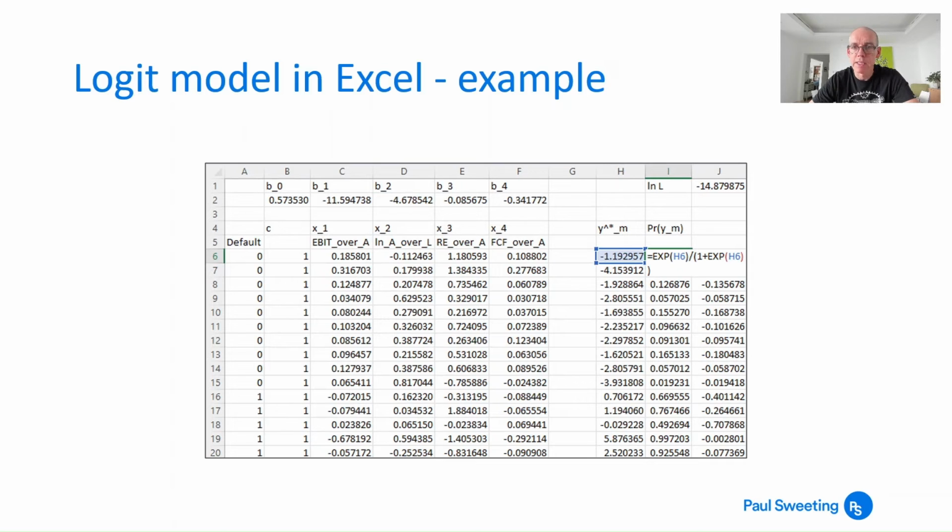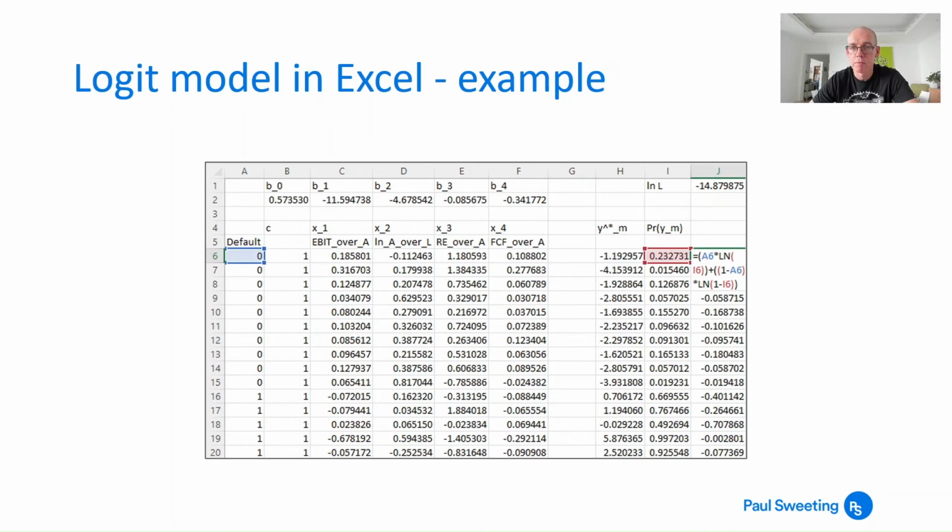The next cell is I6, which is the Logit function. So it's e to the H6 over 1 plus e to the H6. That is simply calculating the Logit function, the link function, based on y star m.